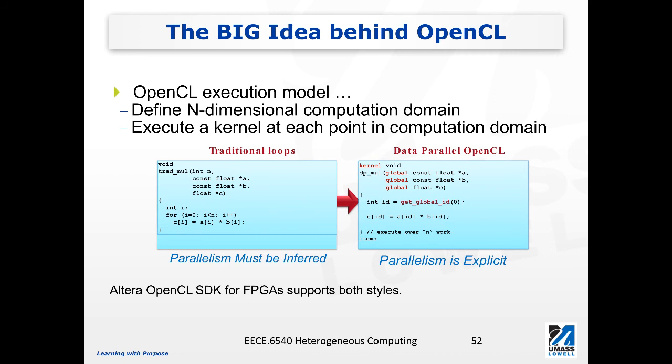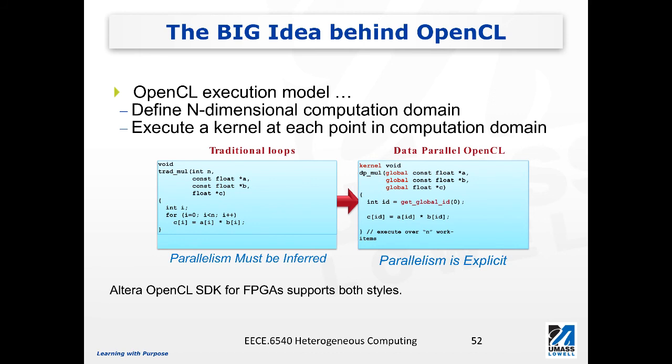For example, we show the kernel that we could design for this vector multiplication on the right side. The inputs are two vectors, A and B, which are stored in global memory. That's why we have the keyword global. And the output of this kernel is another vector called C, which is also stored in global memory.